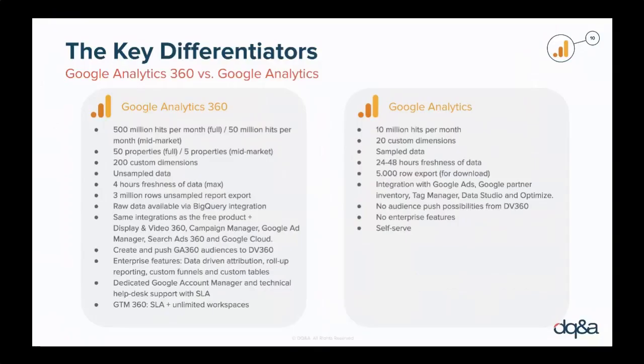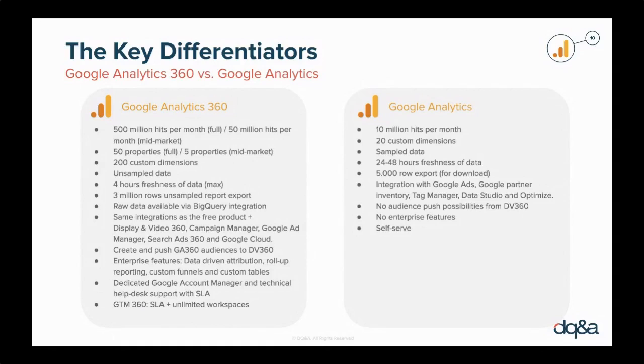To add a little more in terms of features, regarding accuracy and freshness, with a 360 service level you have data in a time of up to 4 hours, while with the basic version you are between 24 to 48 hours freshness of your data.